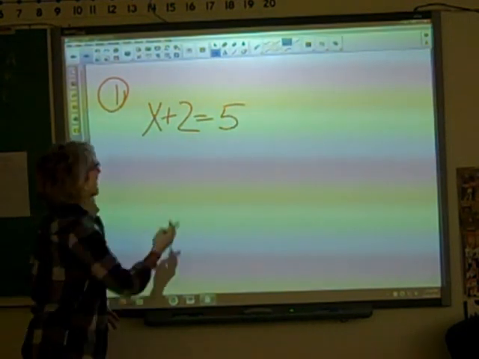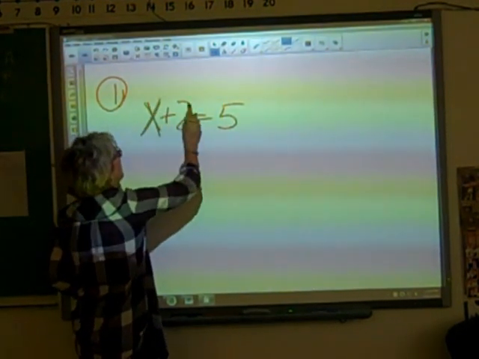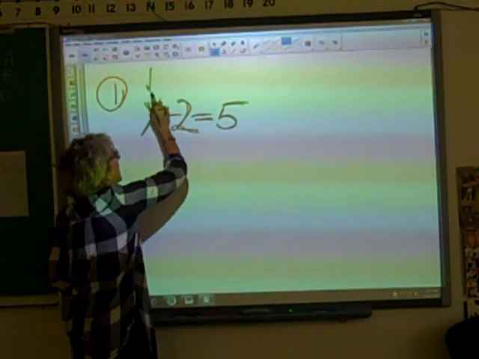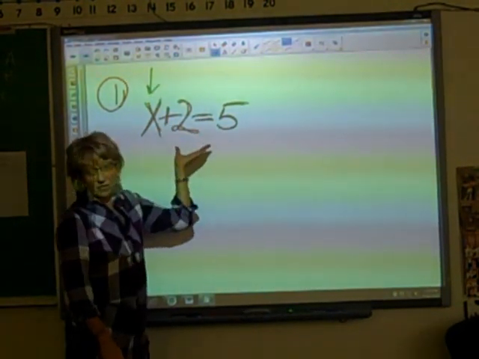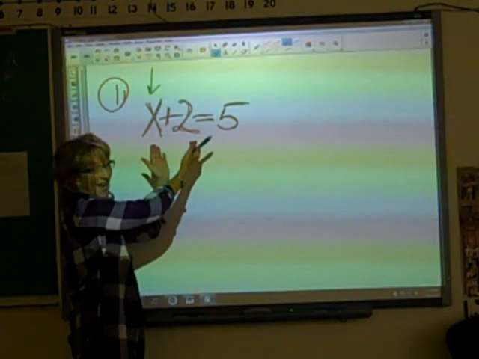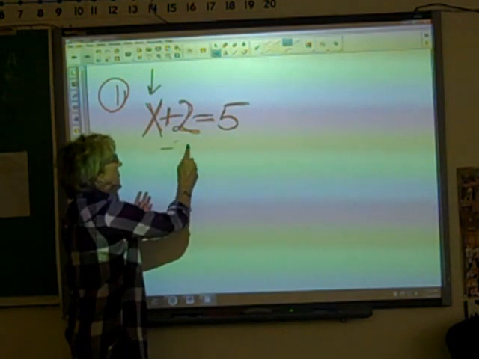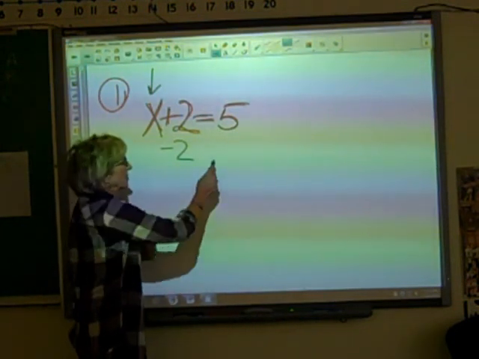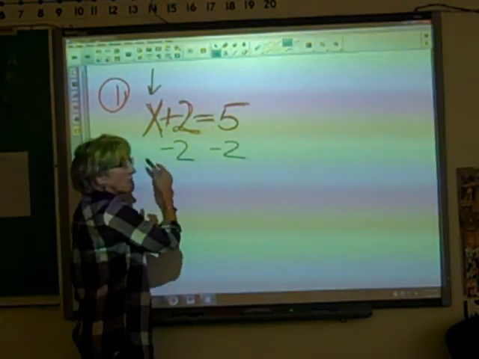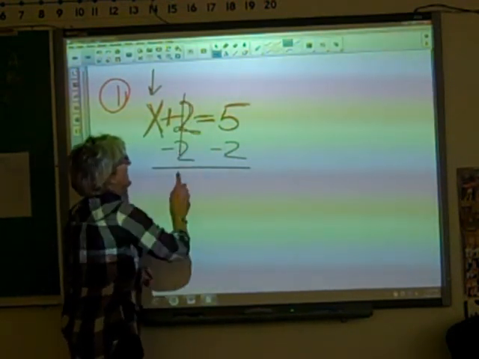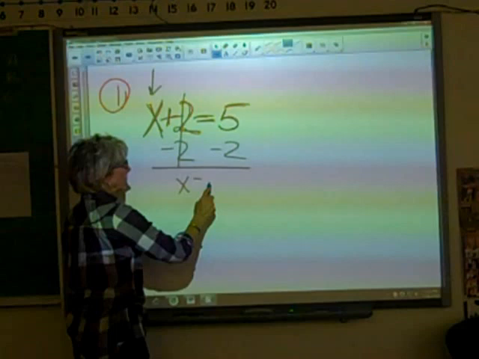So I'll ask you, what do we need to get rid of if we want x by itself? We need to get rid of the 2, so to speak. If the 2 is being added, we do the opposite or inverse operation. We subtract, you might say add negative 2. I usually say subtract 2 from both sides. Whatever we do to one side, we must also do to the other side. There's your first example, x would equal 3.